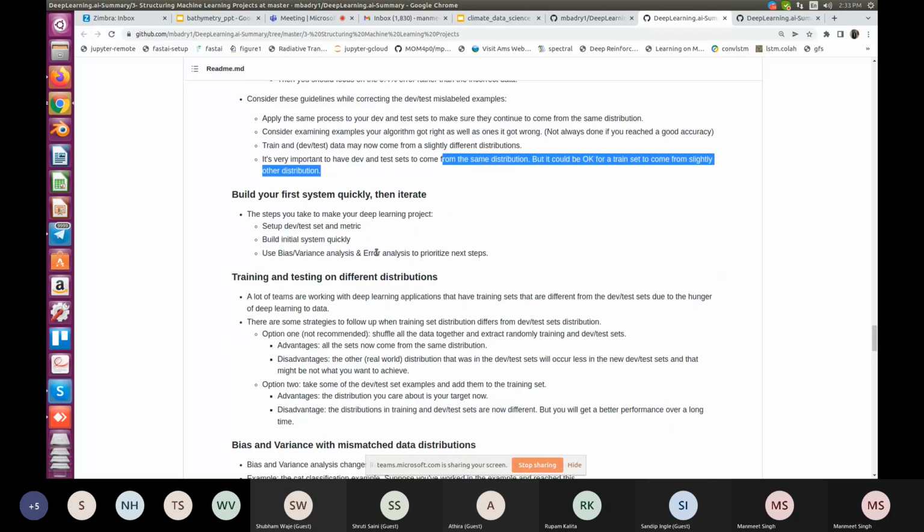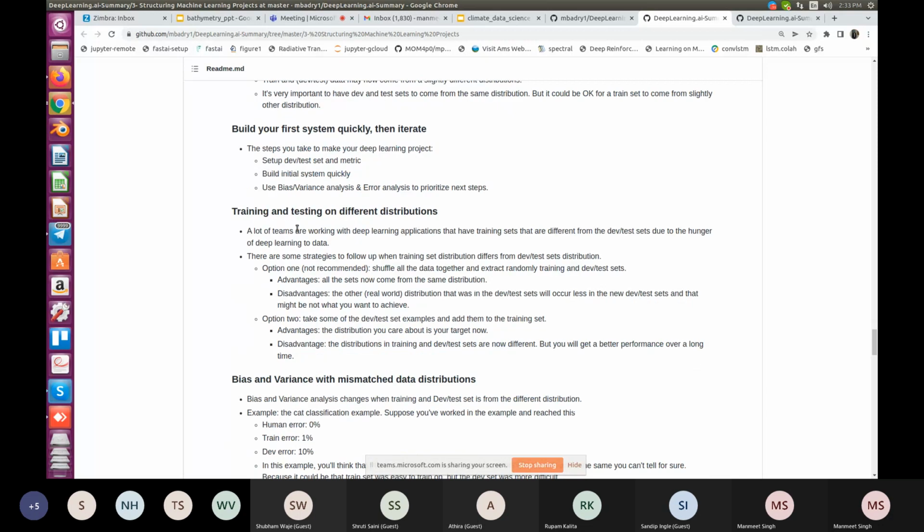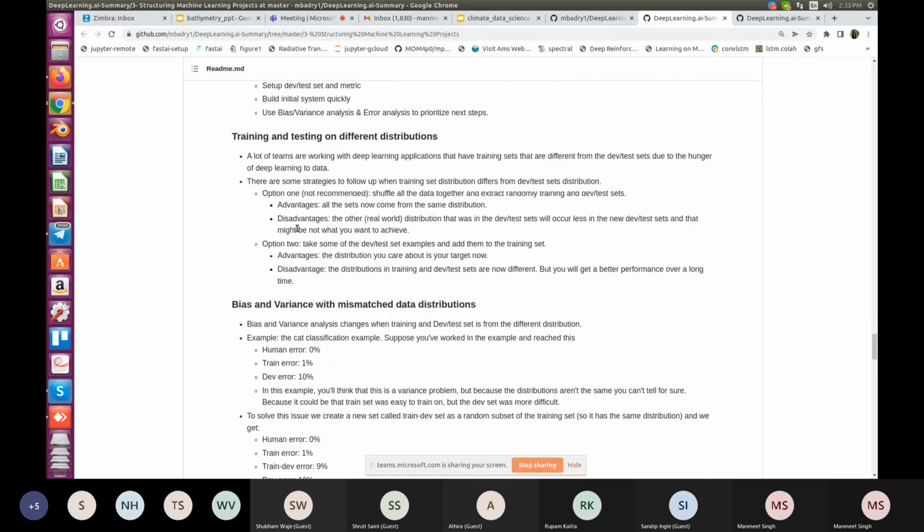So you do bias variance analysis, error analysis, build the initial system quickly, set the dev and test sets, and decide on the metric on which you are trying to minimize your cost.